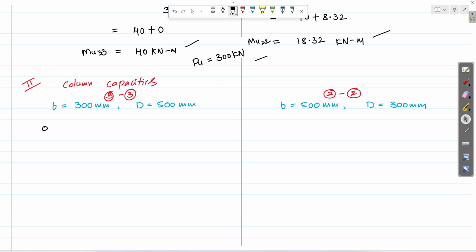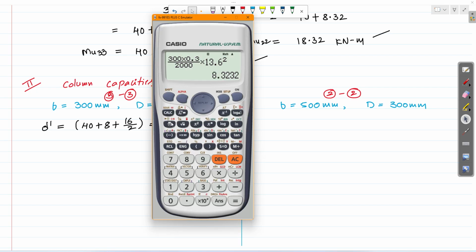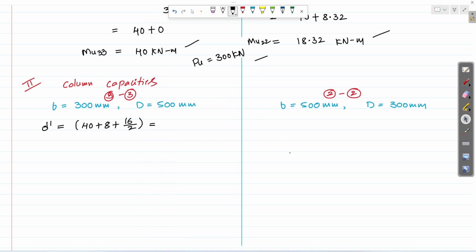So first you calculate D dash. Which means clear cover 40, 8 mm dia stirrups, your main reinforcement if it is 16, 16 by 2. So D dash, 40 plus 8 plus 8, it is 56 millimeter.